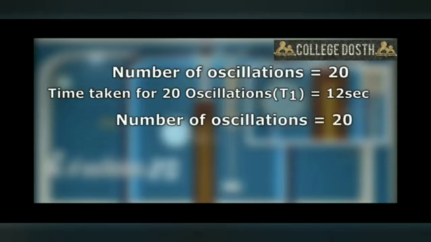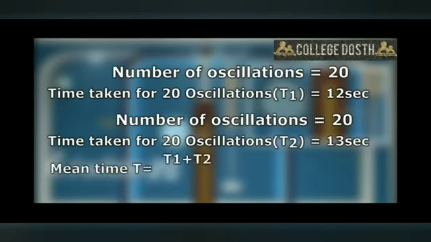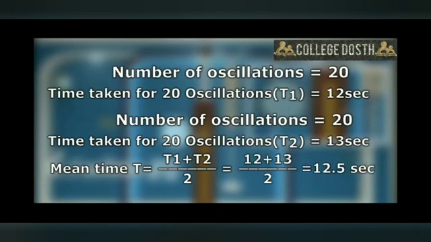Therefore, the time taken for 20 oscillations is 13 seconds. Note it down as T2 in the observation table. Now, we take the mean of T1 and T2 as the time for 20 oscillations. Therefore, T is equal to (12 + 13) / 2, which is 12.5 seconds.